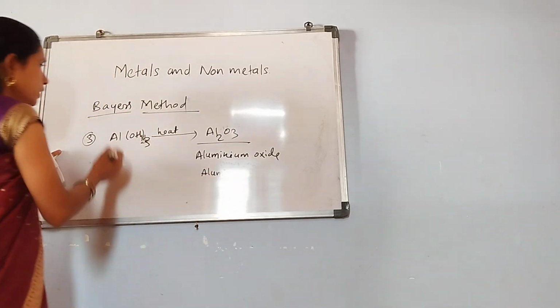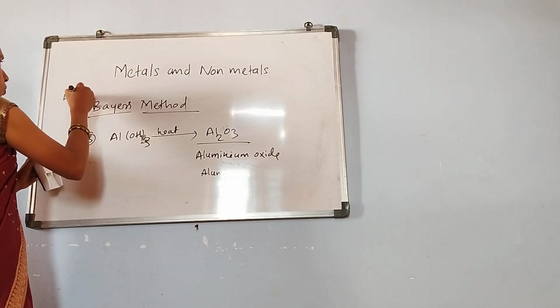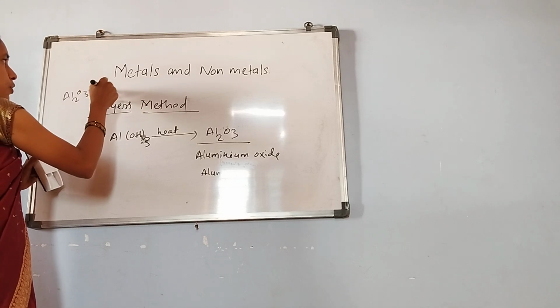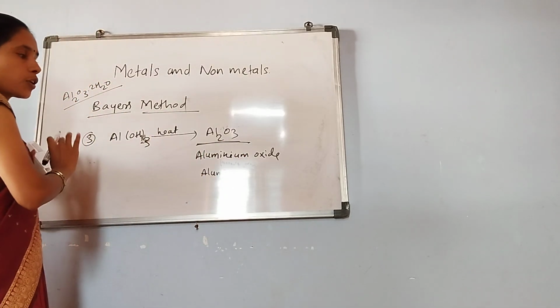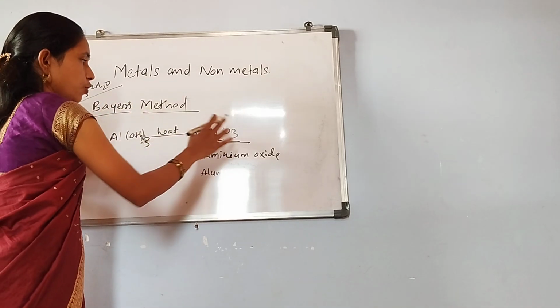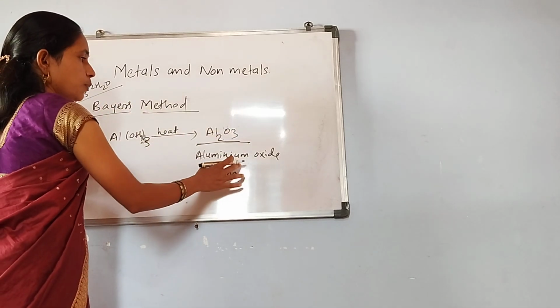In bauxite there was Al2O3.2H2O, which was an impure form of ore. This is the pure form of ore. So in this process we got the pure form of ore, that is called aluminium oxide.